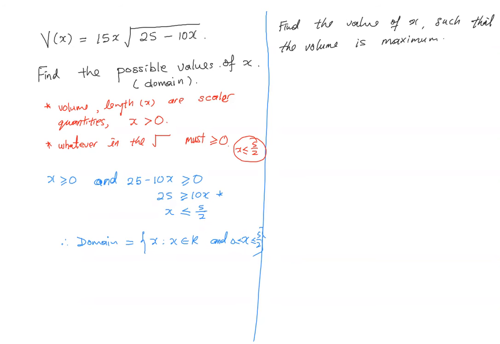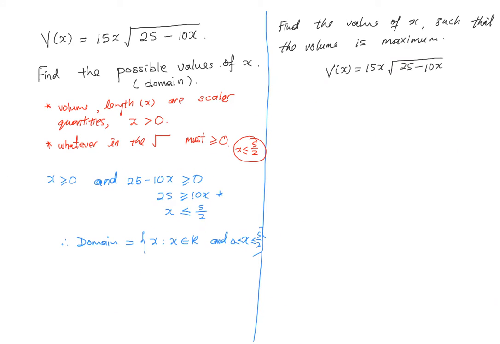Okay, right? So then you start to differentiate. So you have your V(x) equal to 15x square root of 25 minus 10x. Okay, so now you can straight away differentiate from here, or there's another way of doing it.